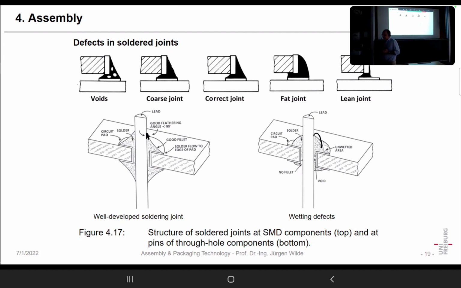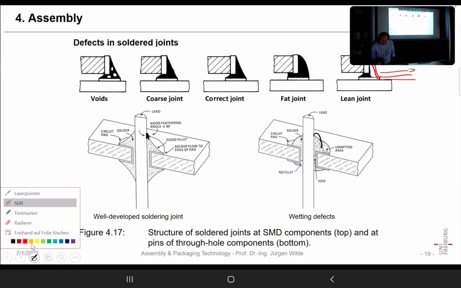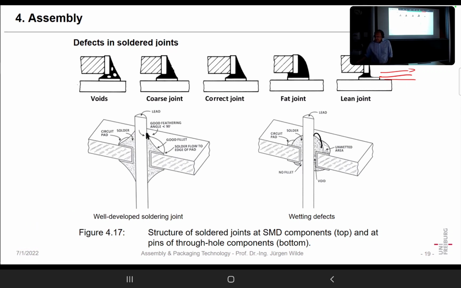It also can happen in reflow soldering, for instance, if we have a line here and there's no solder resist, then the solder will run away by wicking, and that of course, when the solder is on the conductor line, it will no longer be in the place where it should solder, and then that meniscus here is missing, and in that way we can have lean joints.